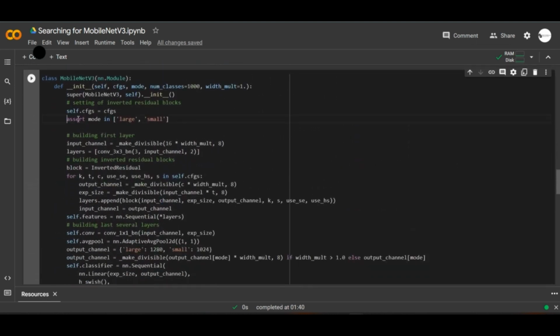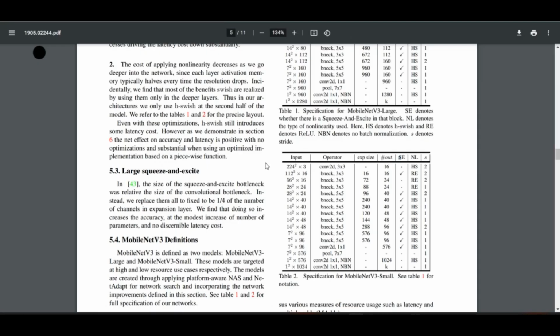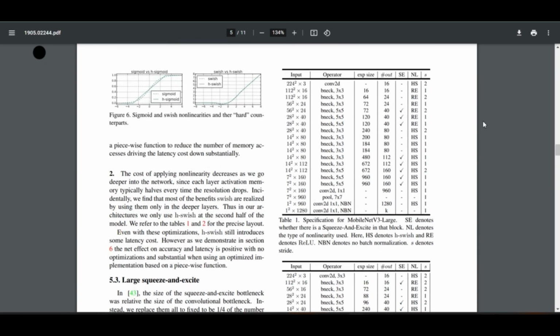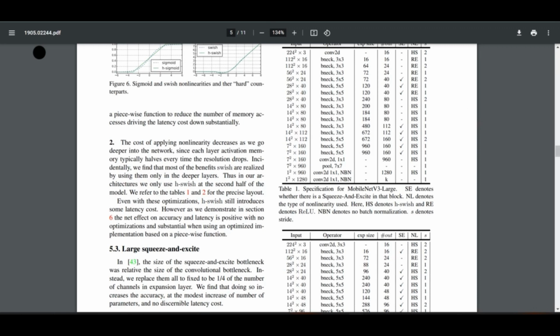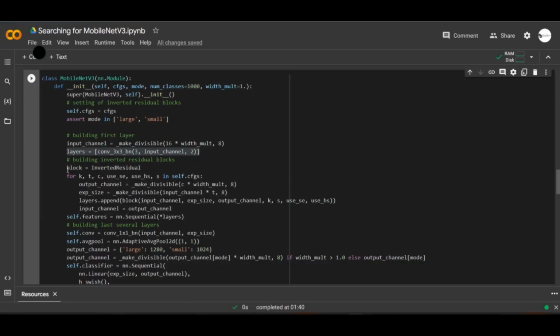Then here we just say if the model is large or small, then we have our 3x3 convolution. So it's this block here, right? Yes, it's this block. Then we have these inverted residuals.